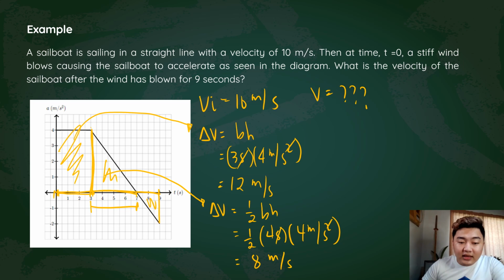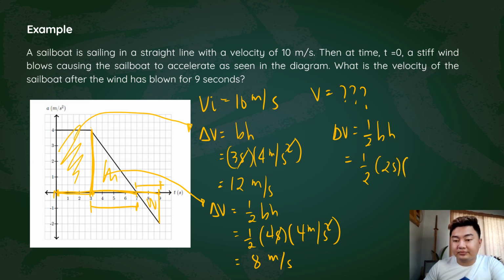Now for the last one, the last triangle here, still it's 1/2 bh. Now 1/2, the base is 2 seconds. Now the height of this triangle, if we look at it, it's already in the negative axis of the y, which is acceleration.